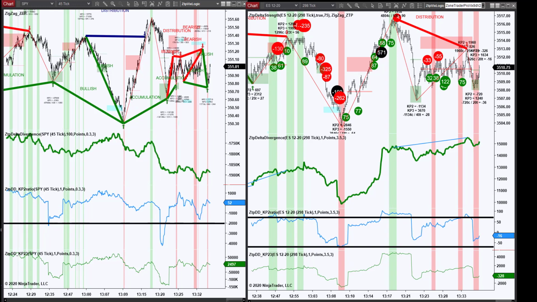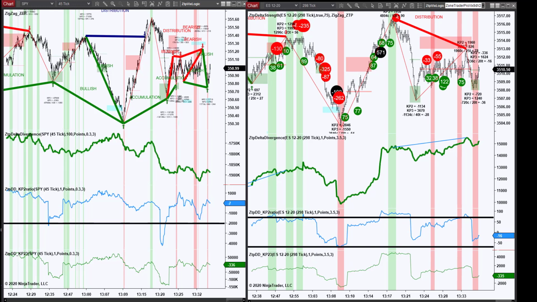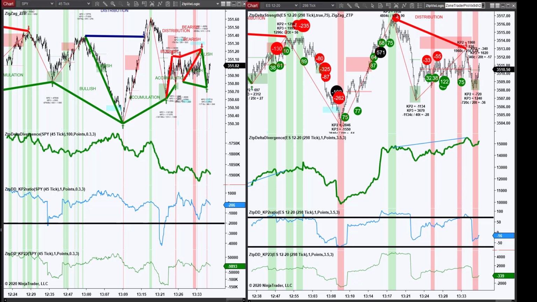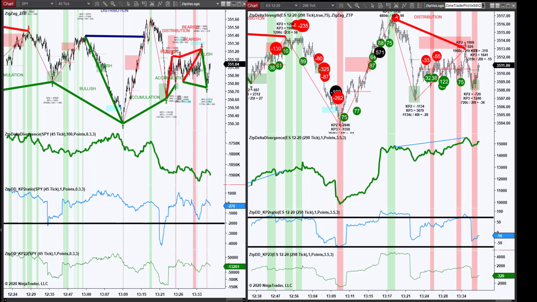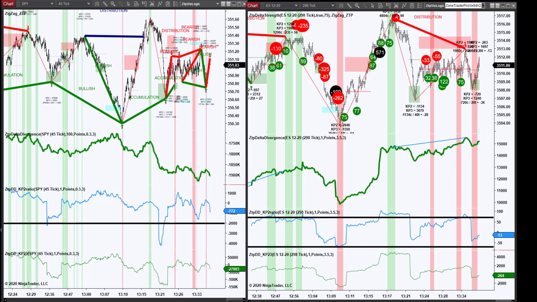This is again at 3 times the normal speed. We're going to trade higher and we're going to generate another SPY special divergence signal right there.